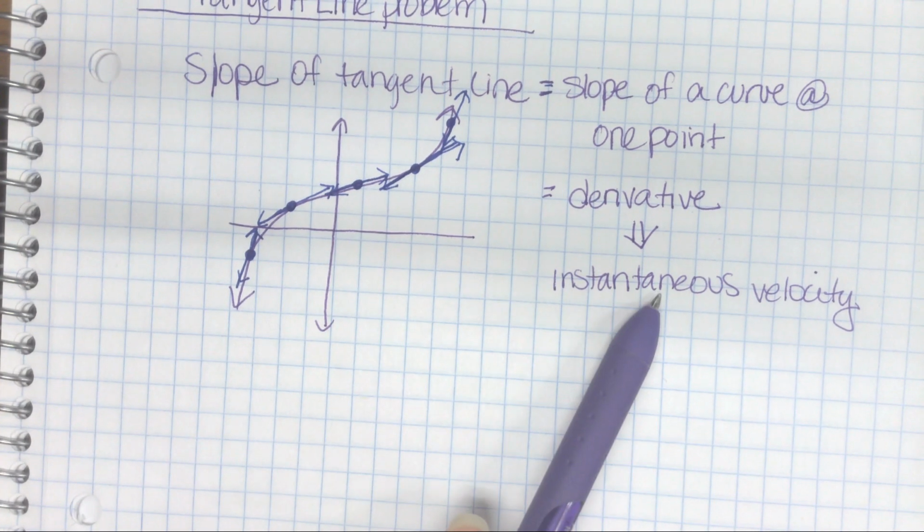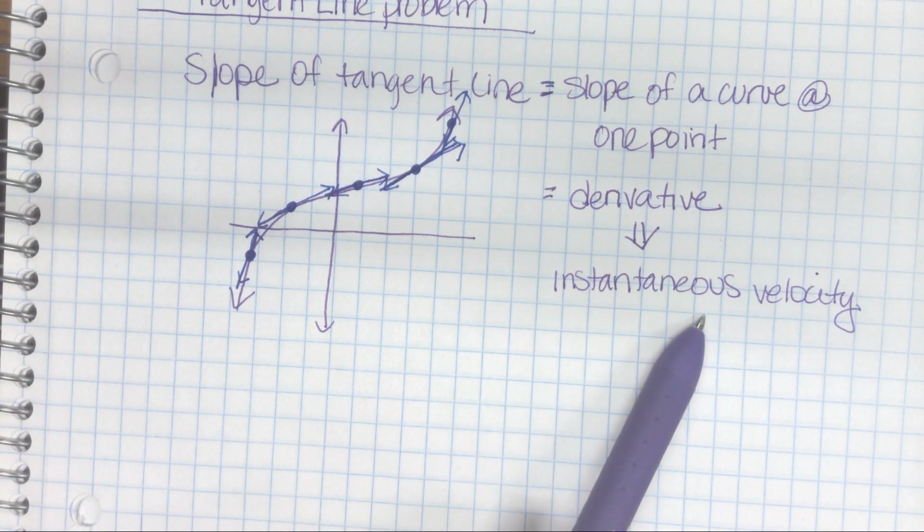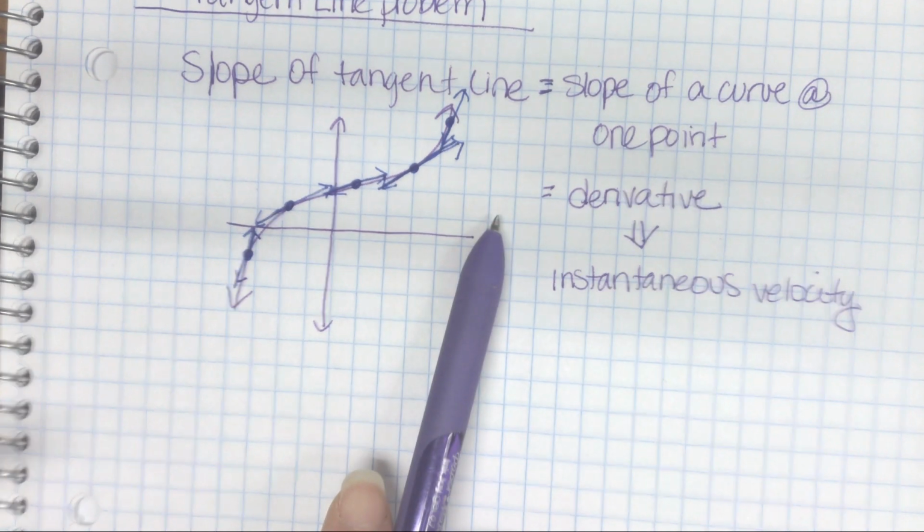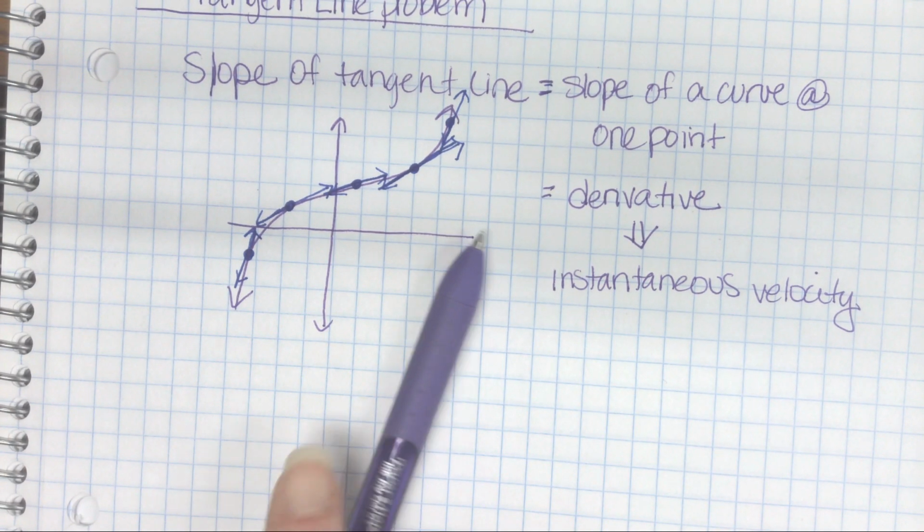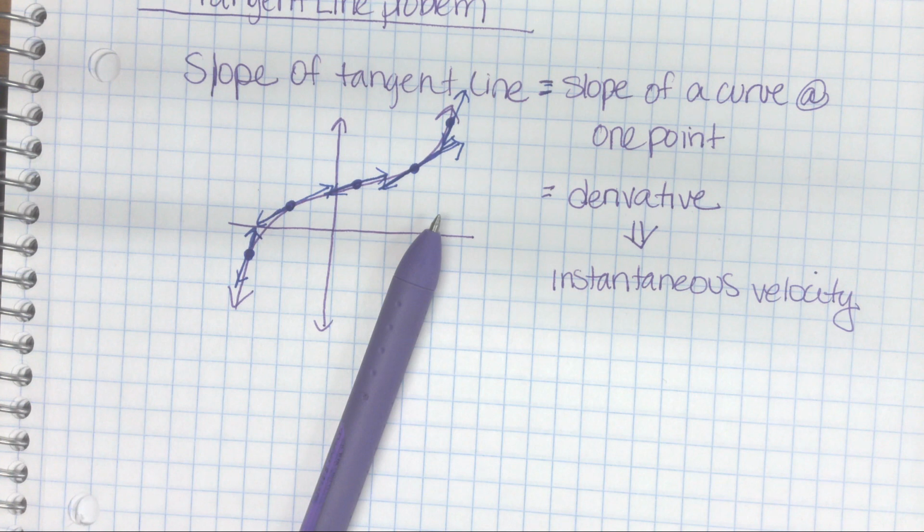So let me just talk about instantaneous velocity, and hopefully you can understand why it connects to the derivative. So if you had a car and it traveled 300 miles in 2 hours, what would be its velocity? 150 miles per hour. Does that mean that that car was traveling 150 miles per hour that entire time throughout that trip?